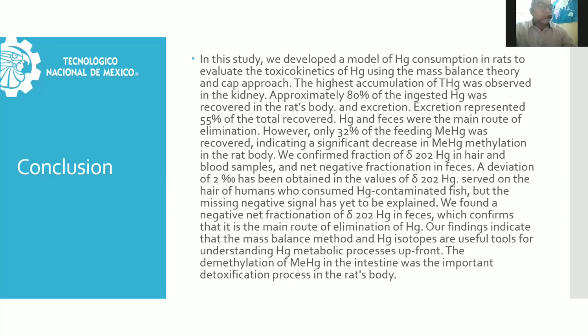Approximately 18 of the ingested mercury was recovered in the rat's body and excretion. Excretion represented 55 of the total recovered mercury, and feces were the main route of elimination. However, only 32 of the fed methylmercury was recovered, indicating a significant decrease in methylmercury in the rat body.